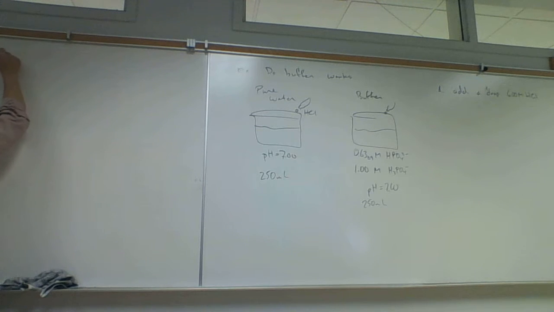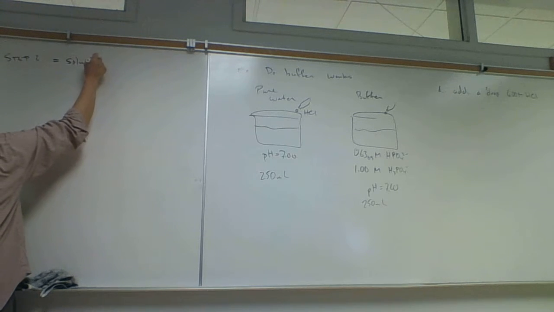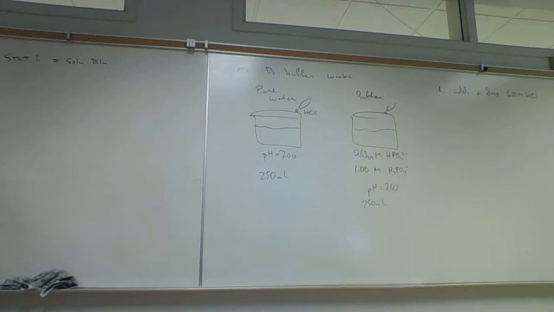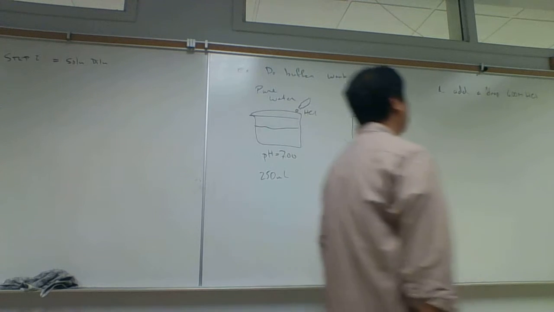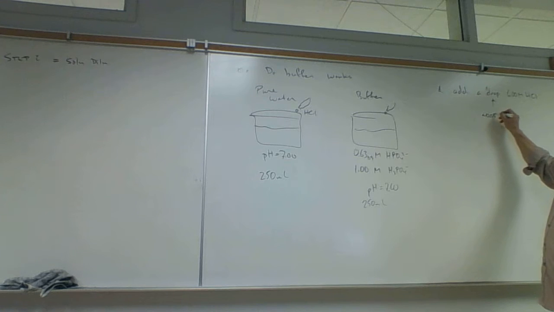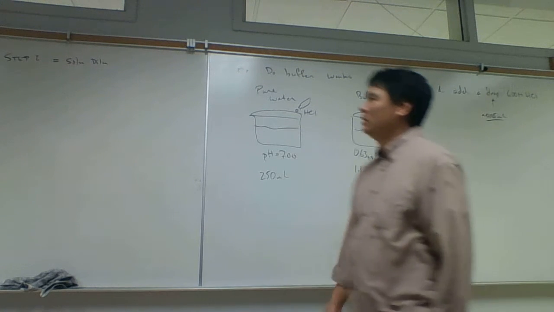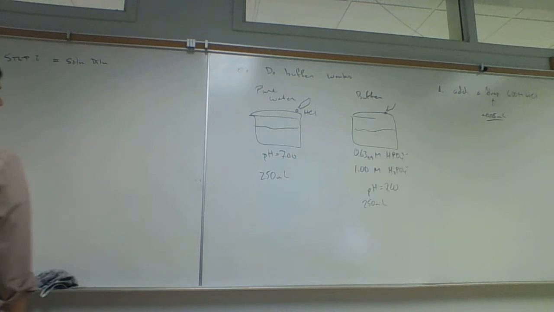And so from here on out, we're going to do step I, which is solution dilution, initial step. Do you know about how much volume a drop is? A drop is roughly 0.05 milliliters. And so we'll just use 0.05 milliliters to represent the drop of HCl.